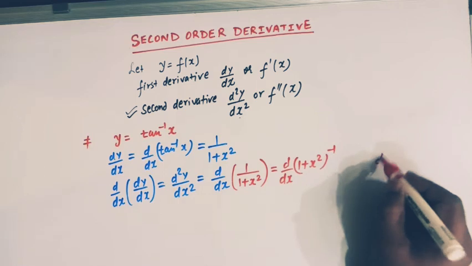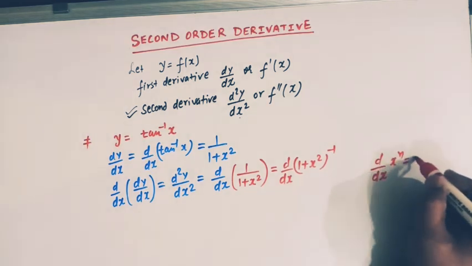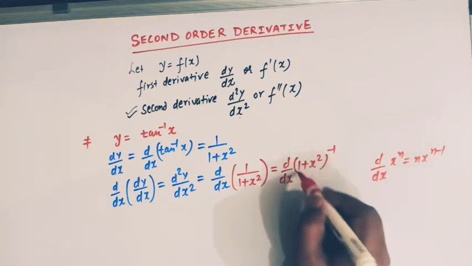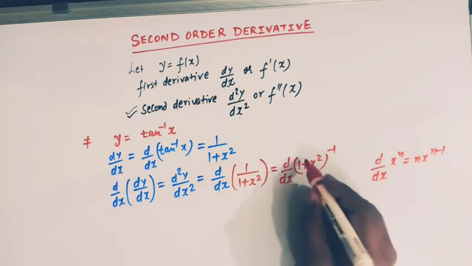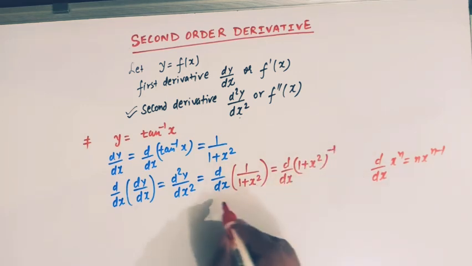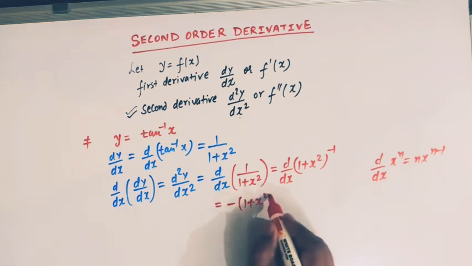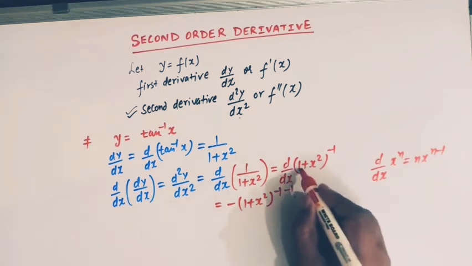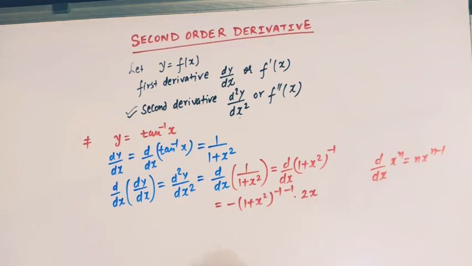So first we'll apply the rule d/dx of xⁿ is nxⁿ⁻¹. So we'll take 1 + x² as 1 unit, that is x raised to minus 1. So this is −(1 + x²)⁻², and then we'll differentiate 1 + x², and the derivative is 2x.